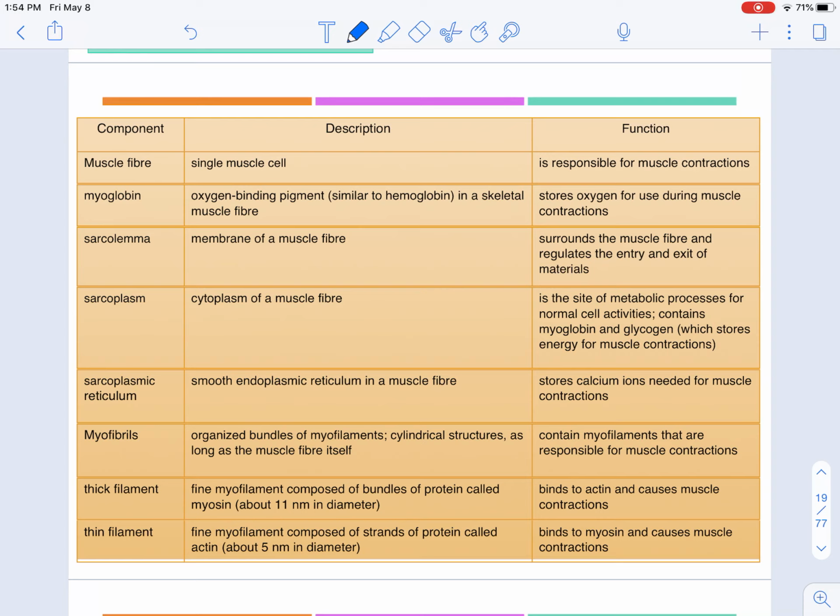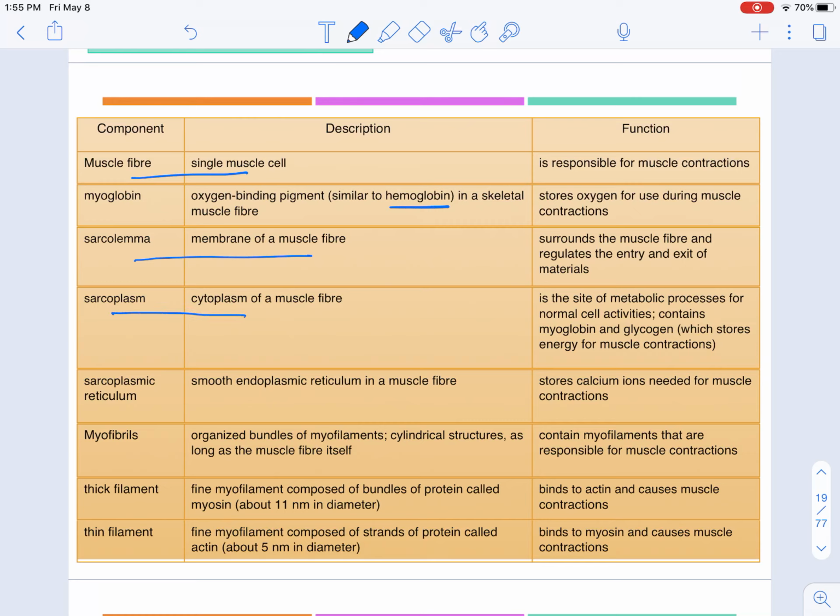A cell is a fiber. The myoglobin is the same as hemoglobin, but it's the hemoglobin found in muscle cells. It still carries oxygen, just like the hemoglobin regularly does. Sarcolemma, we said, was the cell membrane.